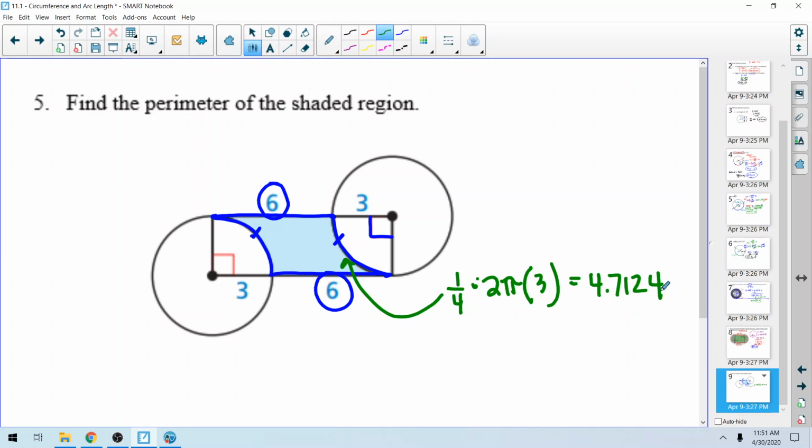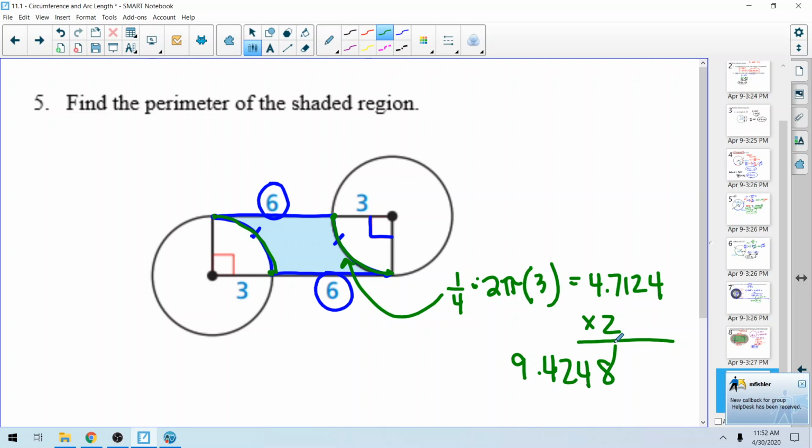That would be my arc length from here to here. Now, because it's the same thing over here, there were 2 ways I could have dealt with this. Instead of using a 1/4, I could have used a 1/2, or I'm just going to multiply this by 2. So times 2, now we're looking at 9.4248, which is both of those arcs combined.